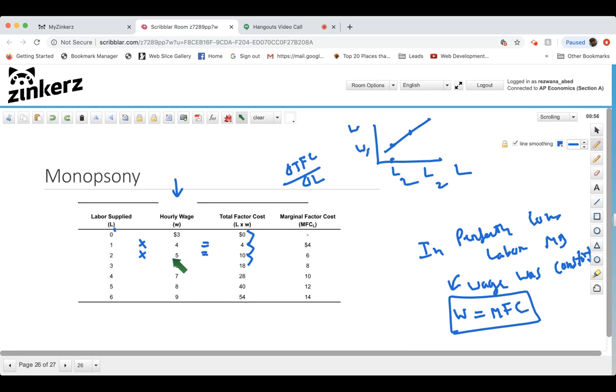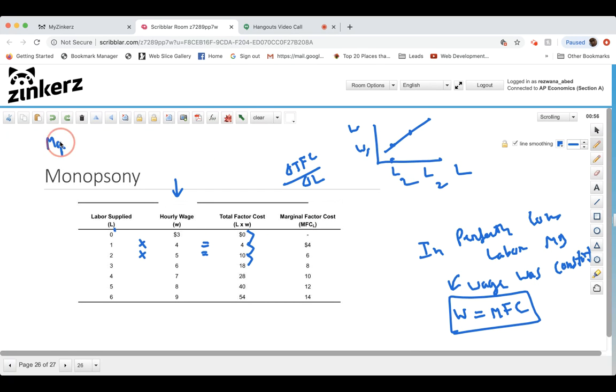But for the second worker, the hourly wage is $5, but the marginal factor cost, the change in the factor cost when we hired one more person, is now $6. So the marginal factor cost actually rises faster than the supply curve.